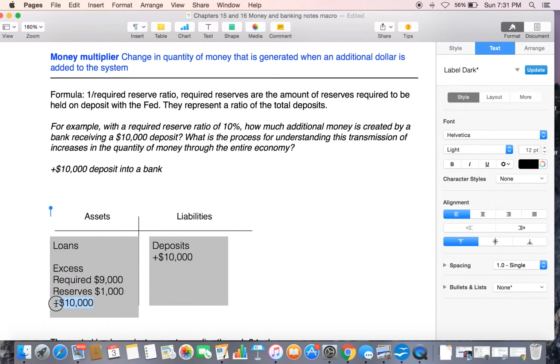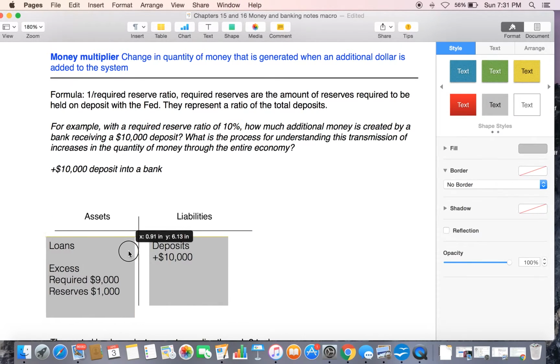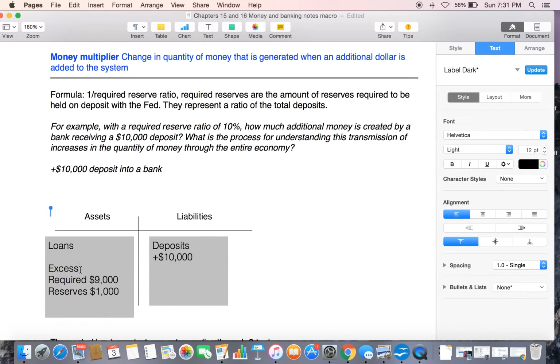So you can see that 9,000 and 1,000 equal 10,000, and the required reserve ratio of 10% tells us that this new deposit coming into the bank, we're going to be required to hold 1,000 or 10% of that new deposit in our required reserves, and the rest can go into excess reserves.